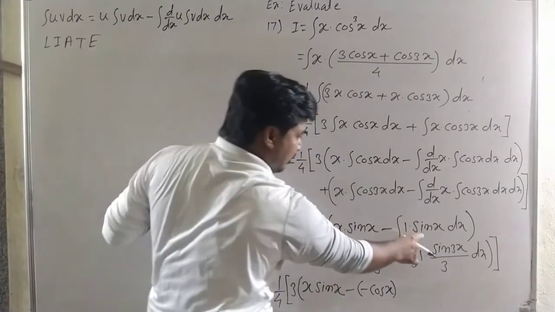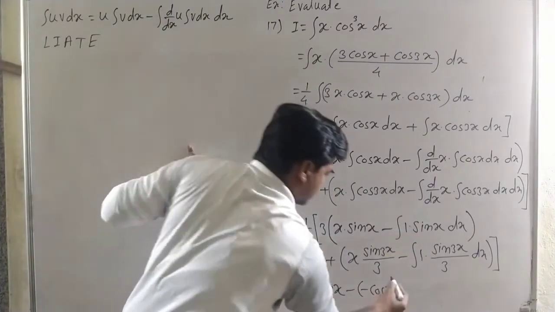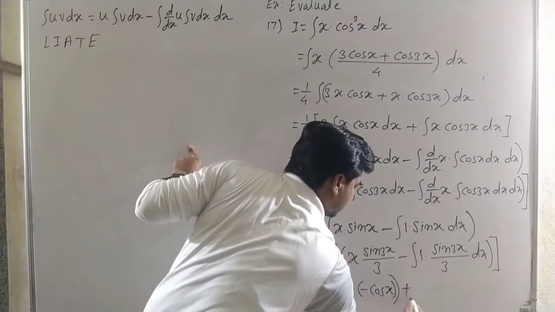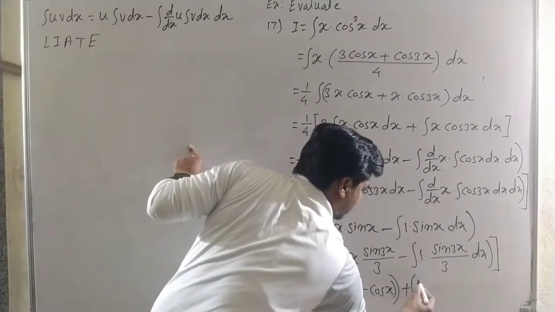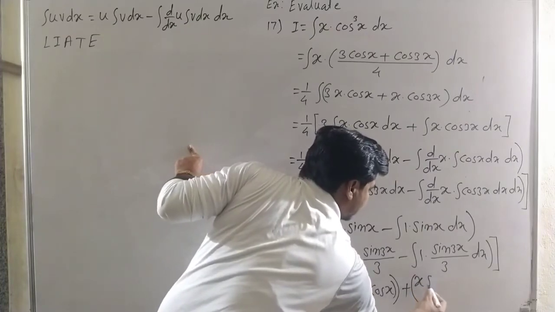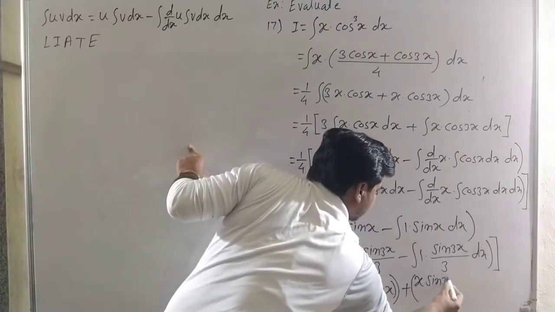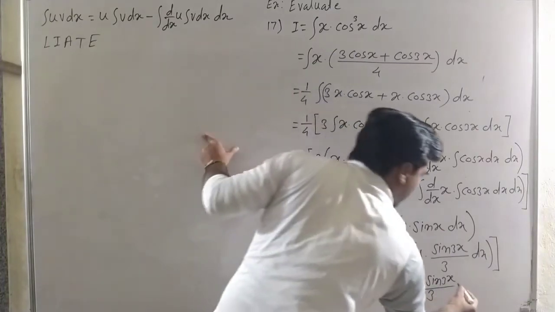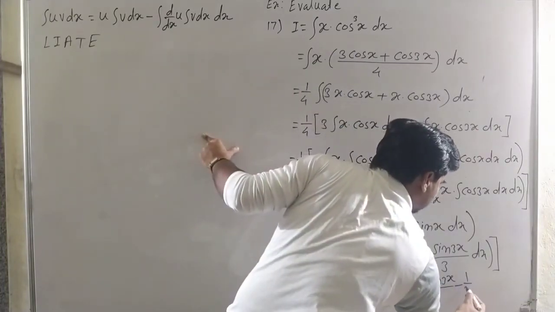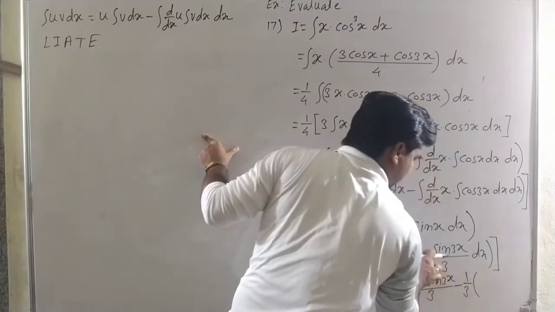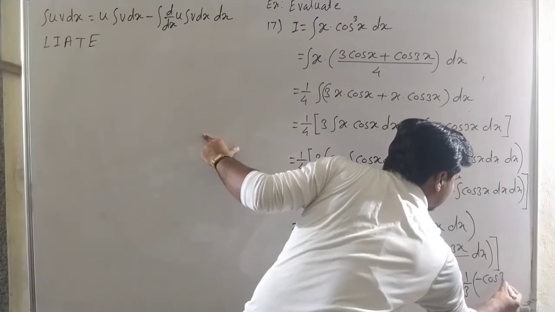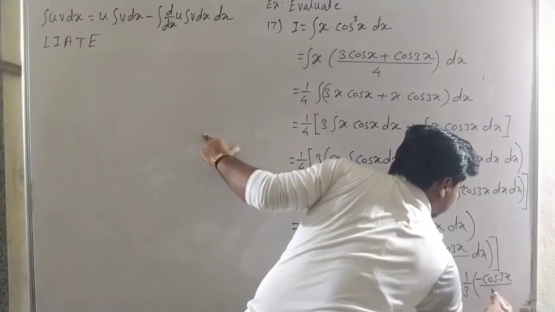The integral of sin x is minus cos x. It is the first term. Now plus, here it is x into sin 3x upon 3, minus 1/3 into, again, the integral of sin 3x, which is minus cos 3x upon 3.